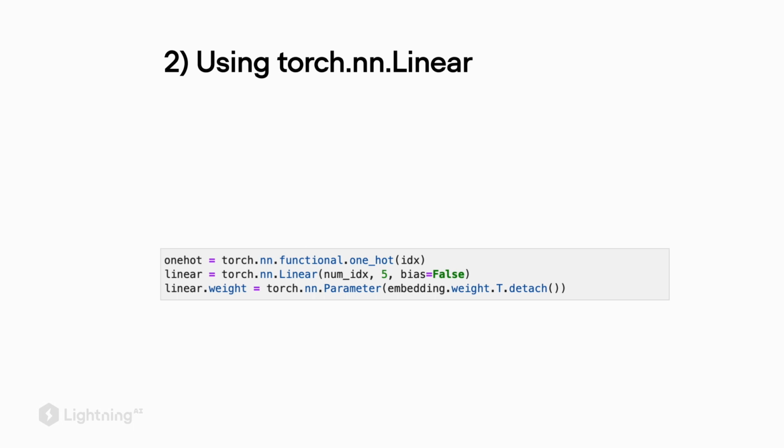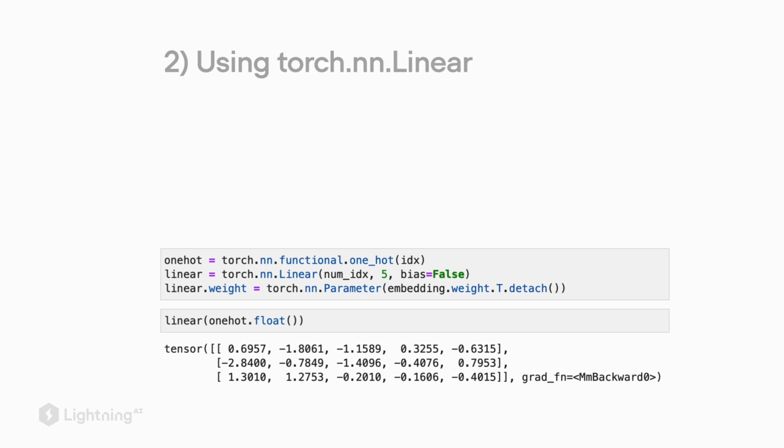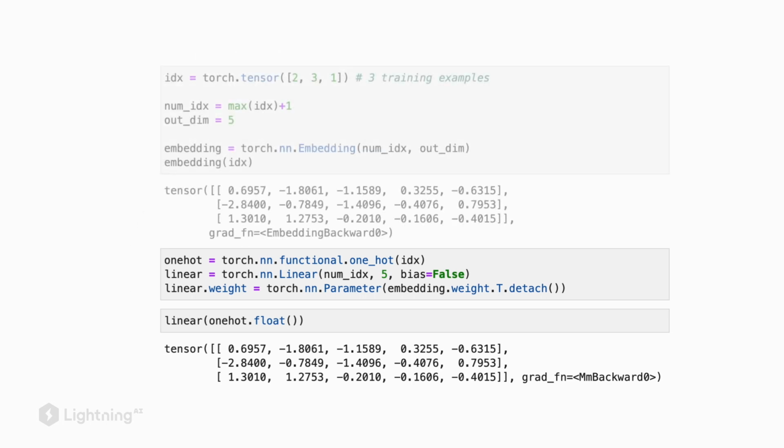Note that due to the nature of how the internal matrix multiplication works in nn.Linear, we are also using a transpose here so that we can get equivalent results compared to using the embedding layer. And this is all there is to it. If we now carry out the matrix multiplication here, you can see that the results are exactly the same compared to using our embedding layer.